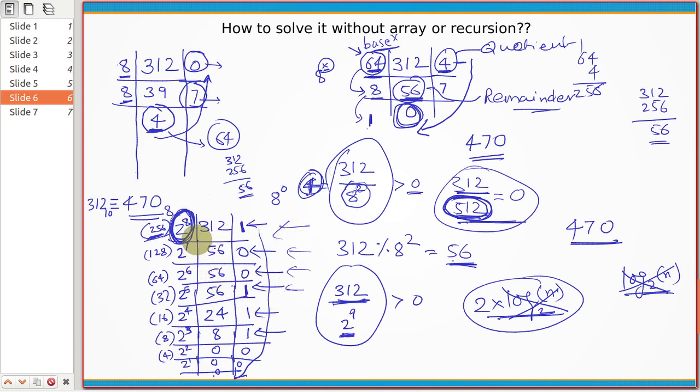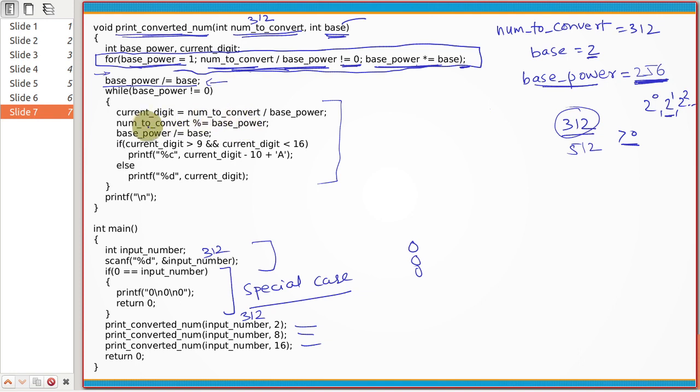In each step, I divide the given number, print the digit that I get, and change the number into this remainder. Please observe what I am doing. This current digit is equal to number to convert. Number to convert is 312. Divide by base power. Base power is 2.